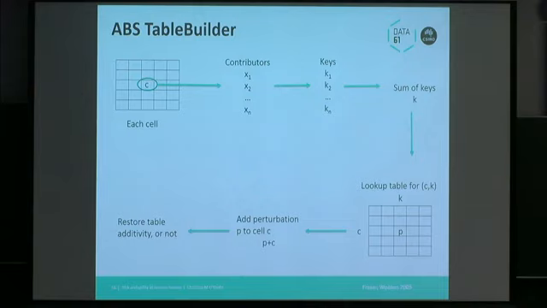Apparently users don't mind tables that aren't additive, so they generally don't. So this is very, very nice because it protects against differencing. Whenever you have the same entities in a cell, you get the same perturbation, no matter what table is asked for across all requests.